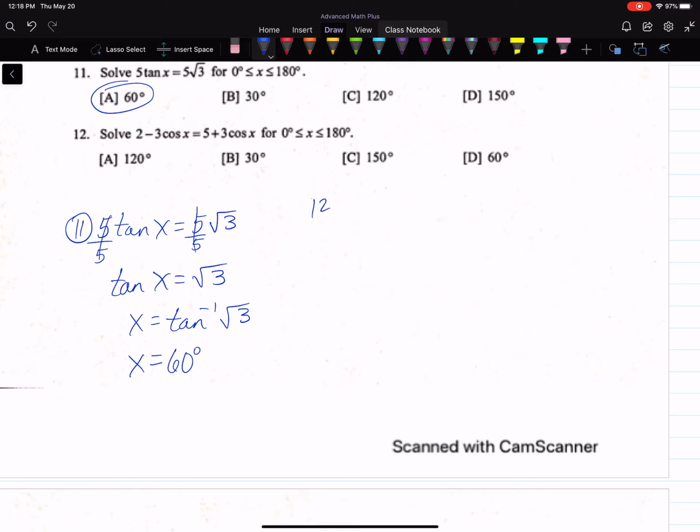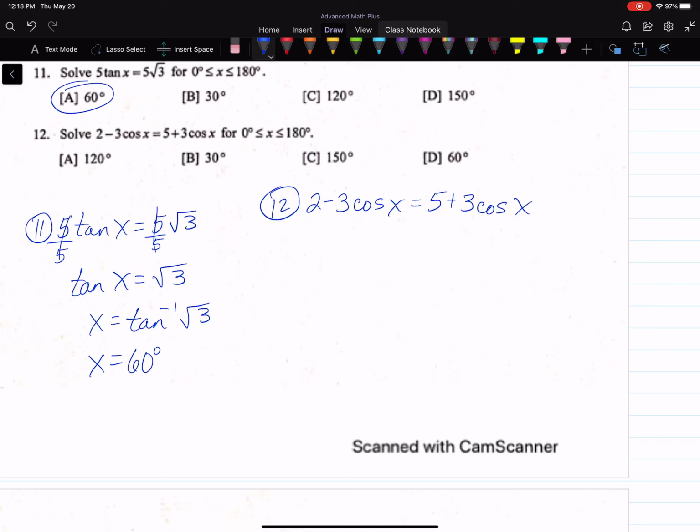Number 12 is a few more steps, but it's very similar. So 2 minus 3 cosine x equals 5 plus 3 cosine x. And we're going to get the cosines together on one side and the numbers together on the other. So I'm going to subtract 2 from both sides.